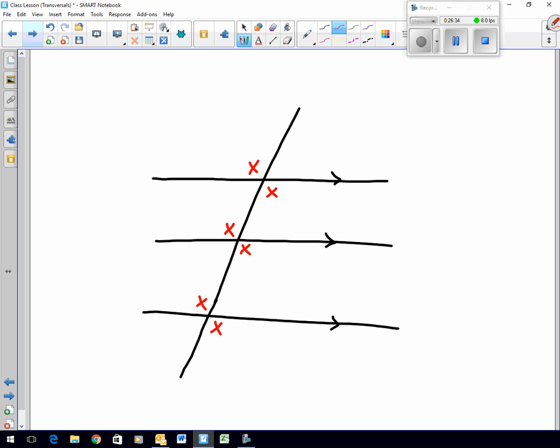Look at that. Alternate interior, again, right? Corresponding again. This is where your mind gets blown. Watch this. You ready? X always equals X, Y always equals Y, and there's one more.